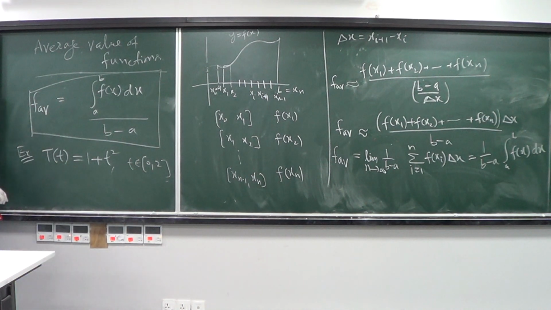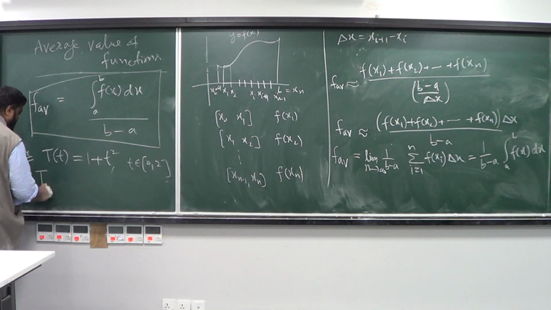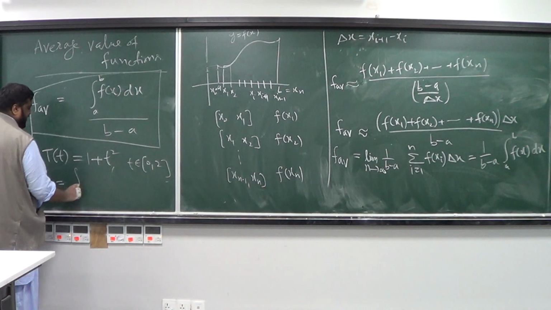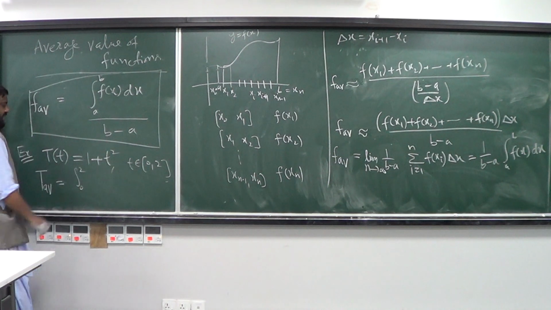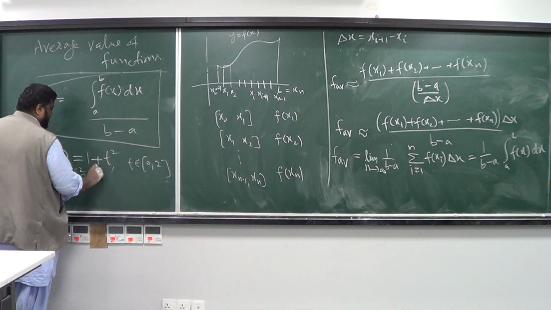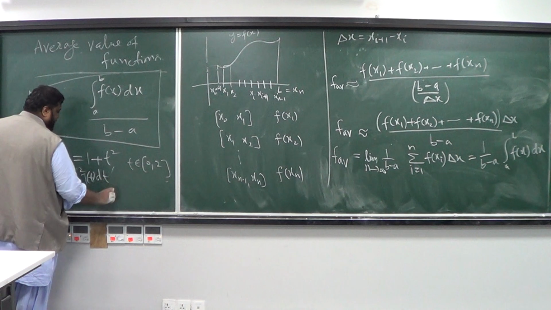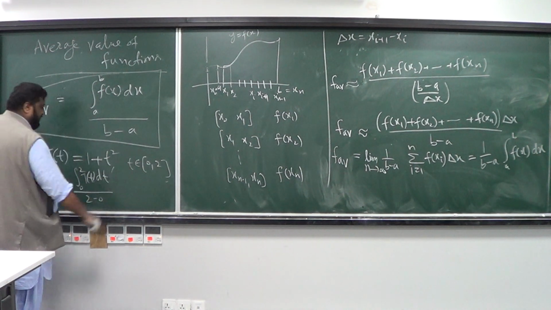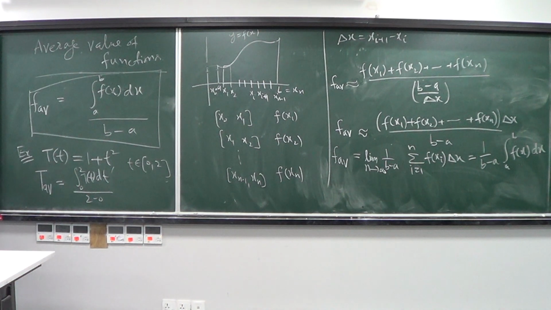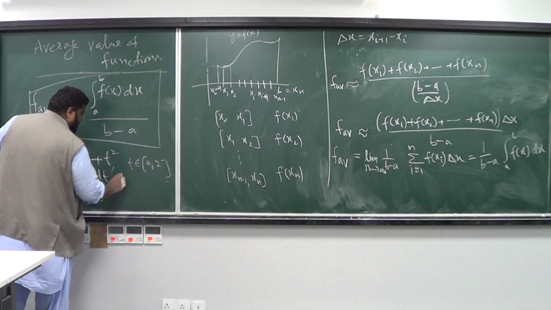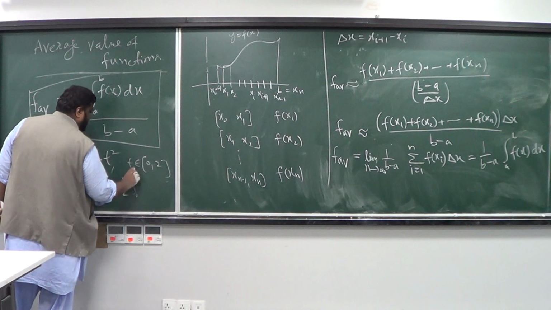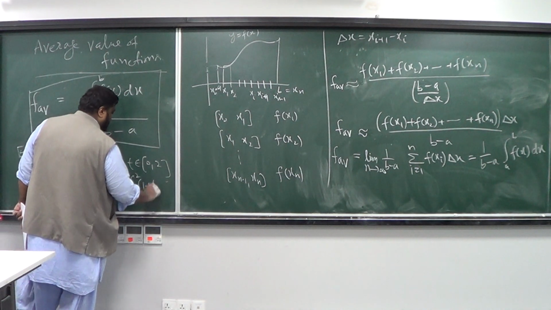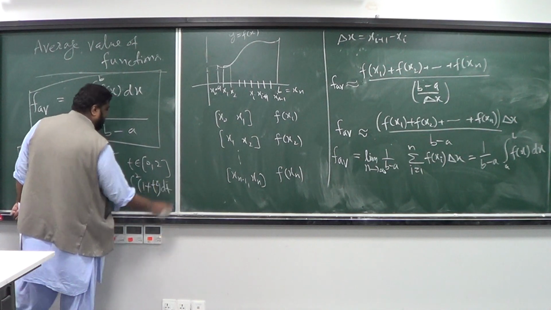In order to compute it, you need to integrate the temperature from 0 to 2 and divide it by the length of the interval, 2 minus 0. So this is going to be 1/2 times the integral from 0 to 2 of 1 plus t squared dt.